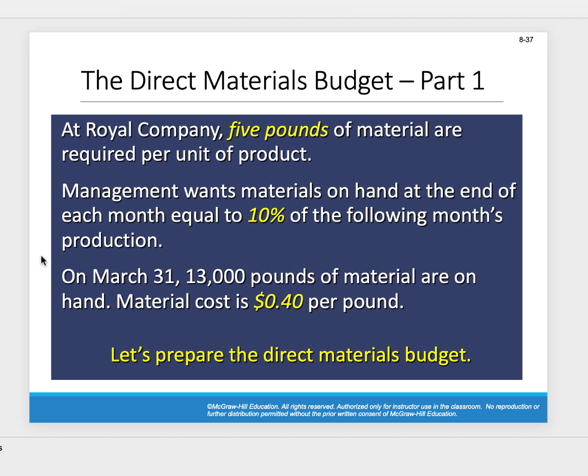So we can go ahead now and prepare the direct materials budget because we know that it takes 5 pounds of material for 1 unit. We know that we want 10% on hand at the end of the month for the following month's production. We also know that as of March 31st, we have 13,000 pounds of material on hand, and that material is going to cost us 40 cents per pound.